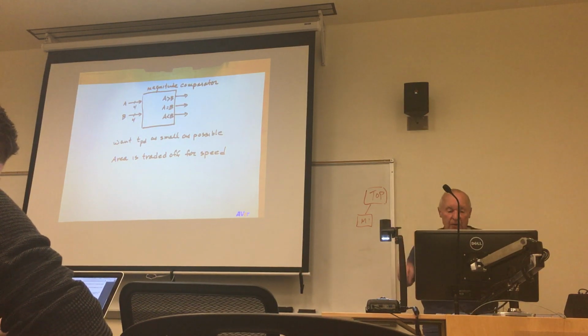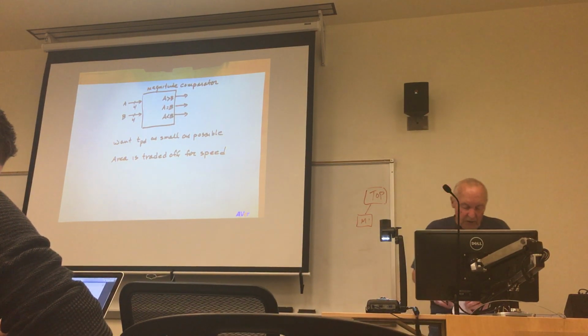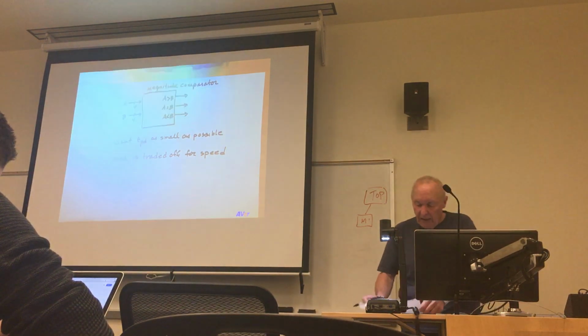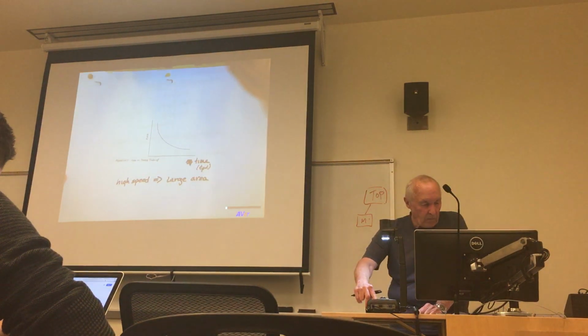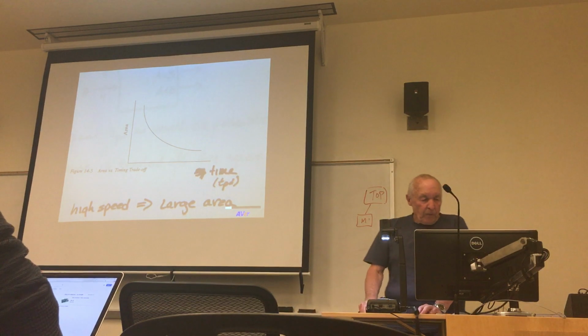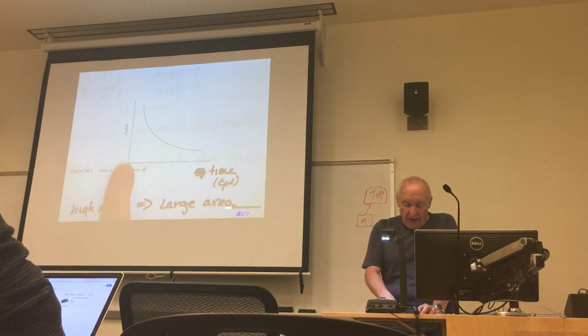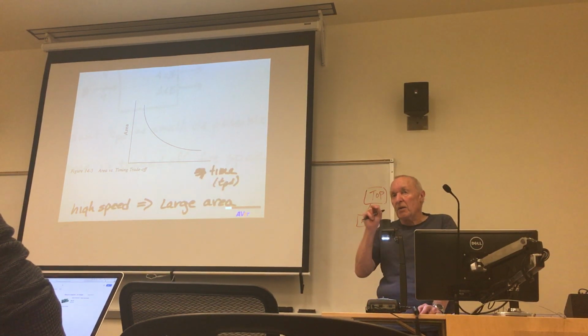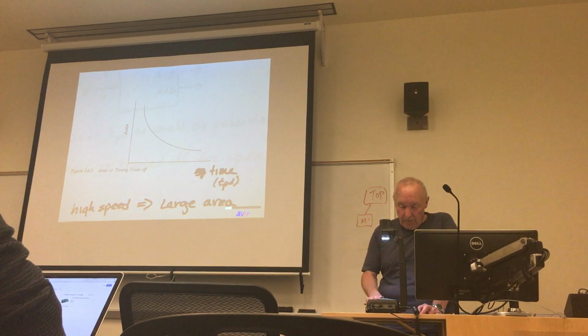They tend to be reciprocals of each other. And that's shown in this figure 14-5, where along the ordinate here I have the area of the design on the silicon, and along the abscissa I have the associated propagation delay.